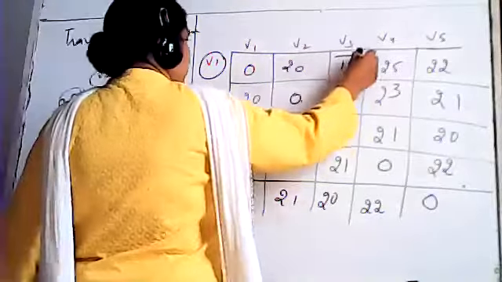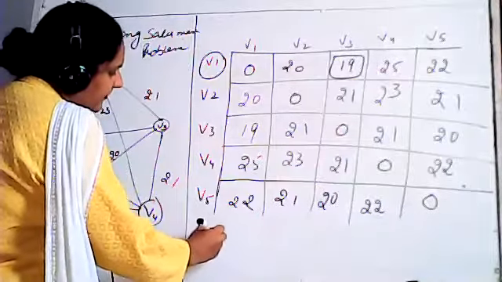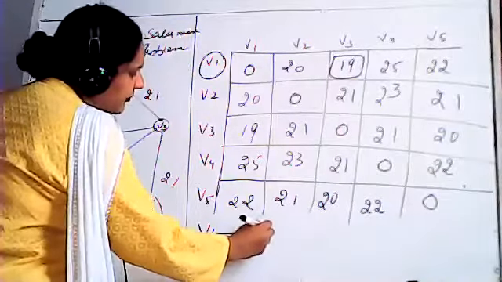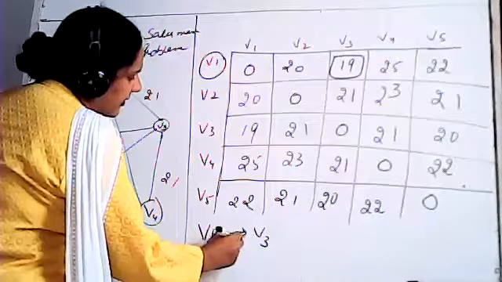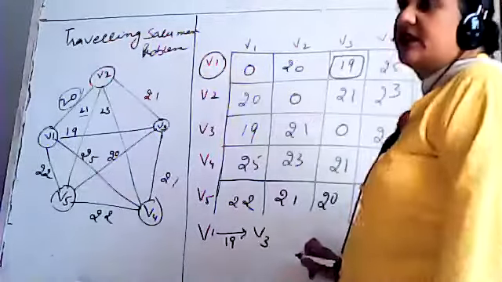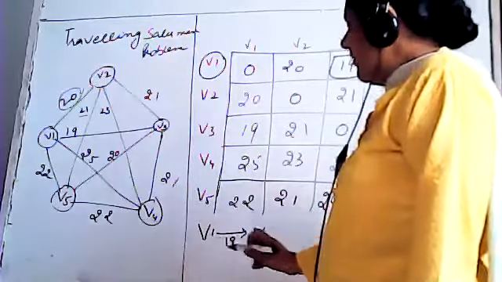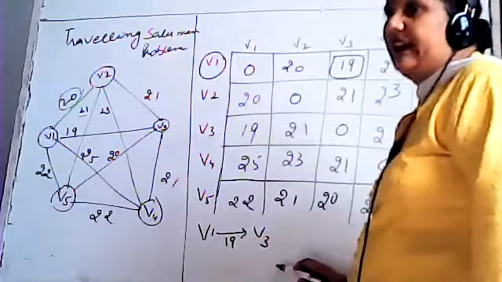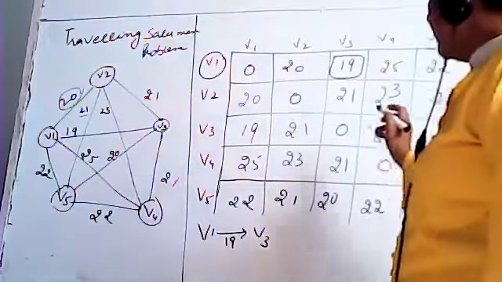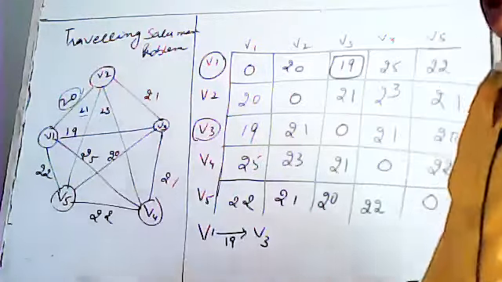This 19. Okay. So, starting from V1, the person will move to V3 and will cover a distance of 19. Now, from V1, we have landed up in V3. Now go to the V3 row.